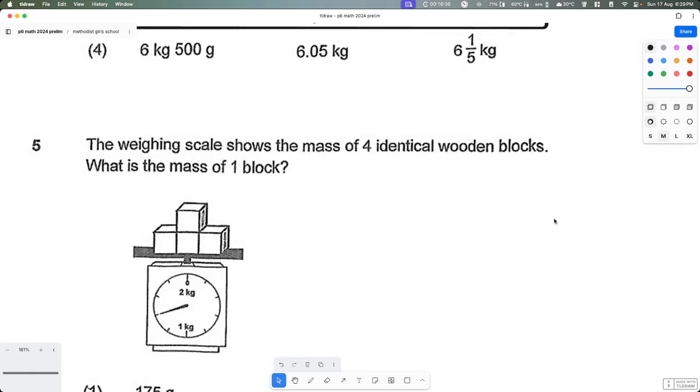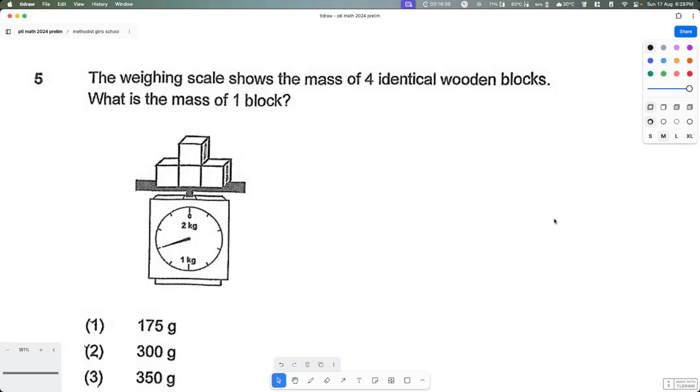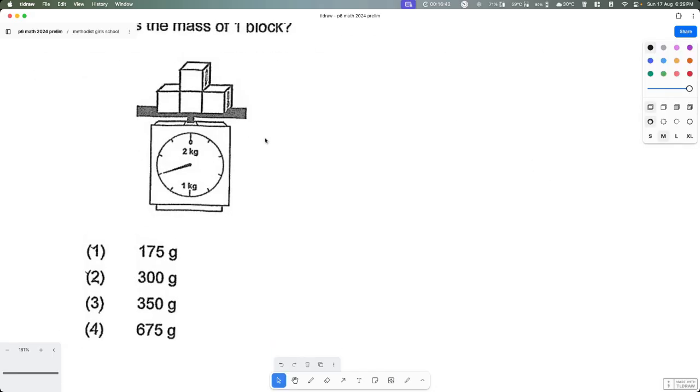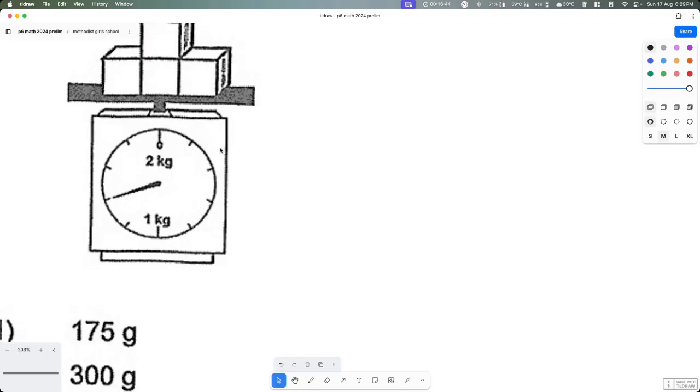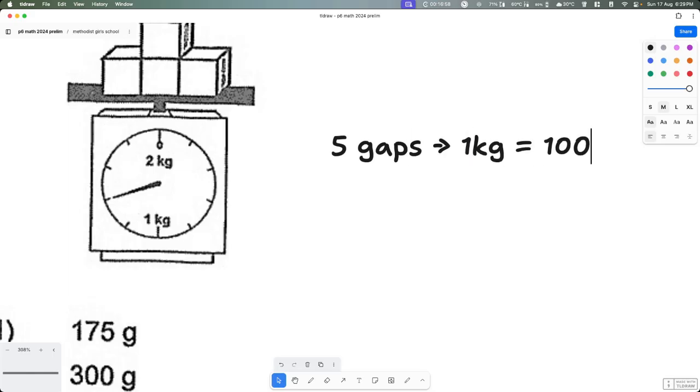Question number 5. The weighing scale shows the mass of 4 identical wooden blocks. What is the mass of one block? So the number of gaps over here: 1, 2, 3, 4, and 5. So that means 5 gaps is equal to 1 kg, or 1,000 grams.